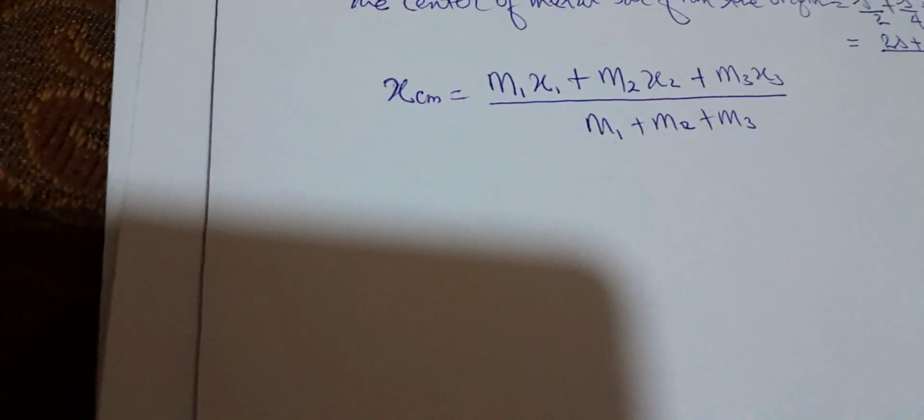Note that the masses are the same, so I will substitute in the values. m1 is m, with distance S over 2, plus m2 is m also, with distance from the origin S, plus m3 is m, with distance 5S over 4, and then this will be over m plus m plus m.